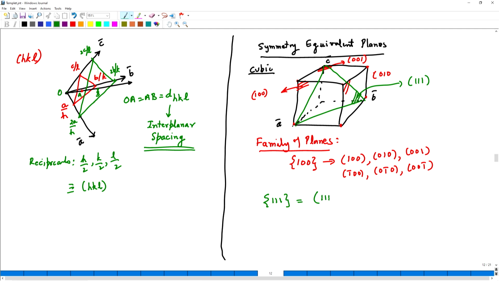I can write 1, 1, 1, I can write bar 1, 1, 1, I can write 1 bar 1, 1 and 1, 1 bar 1, and I can also add, if I want, the negative indices, but they all represent the same set of planes. So, how to put indices for directions and planes is covered in this lecture and the previous lecture.